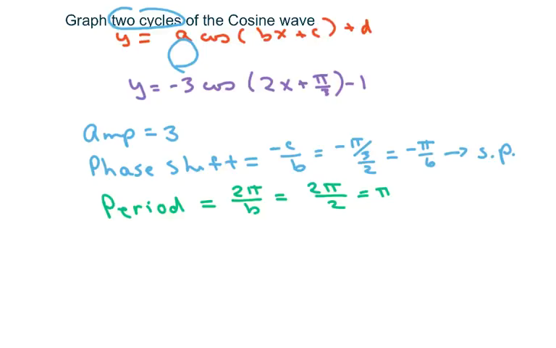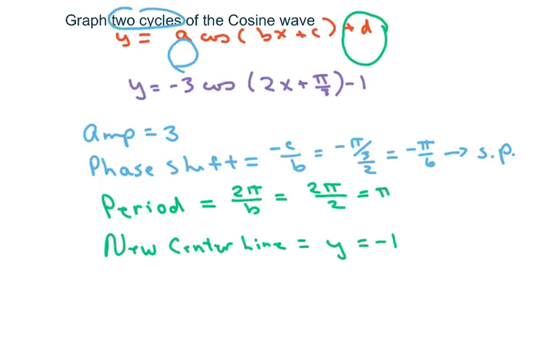And then our new center line is going to be y equals negative 1. That's your d part here. Okay? And so we're going to have this information.